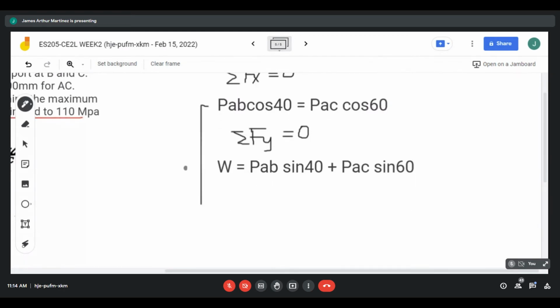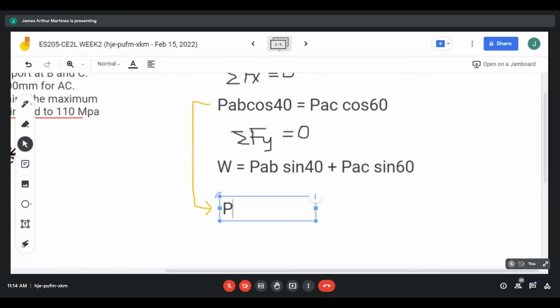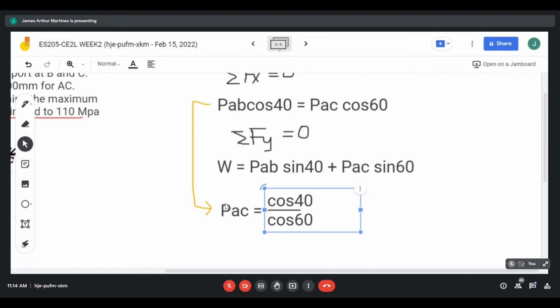Let's express PAC is equal to, dividing both sides of the equation by cosine 60, cosine 40 divided by cosine 60 of PAB.